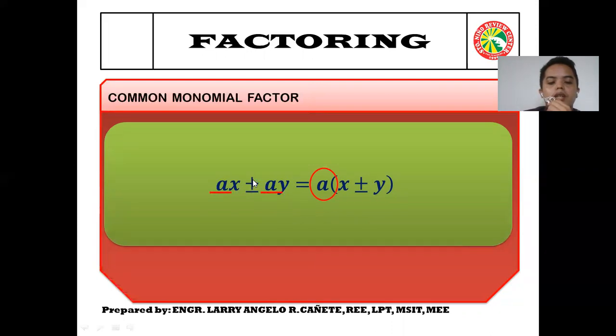It could be addition or subtraction. The a that is being isolated, which is common to x and y, is also termed the GCF, or highest common factor, or greatest common divisor.